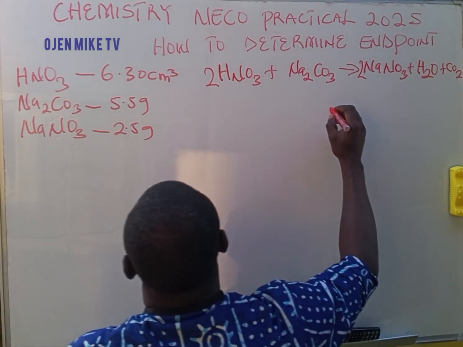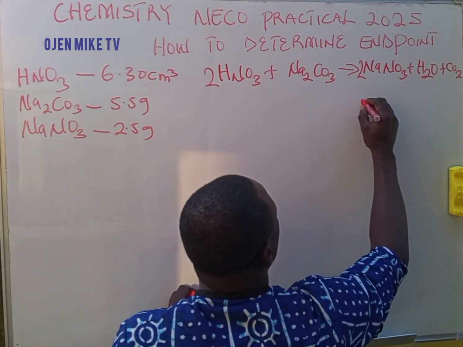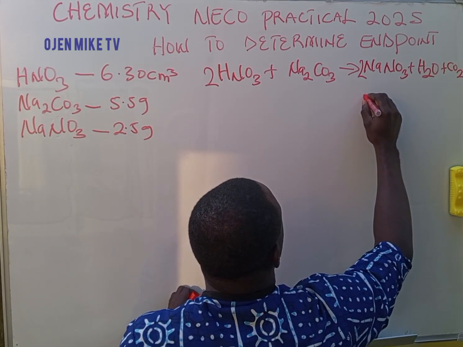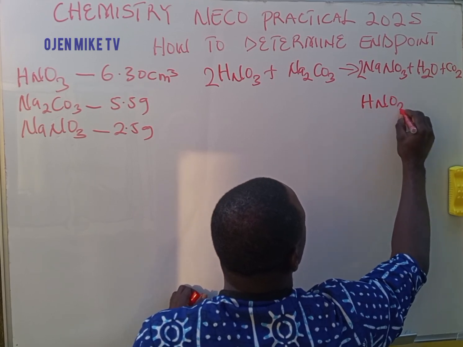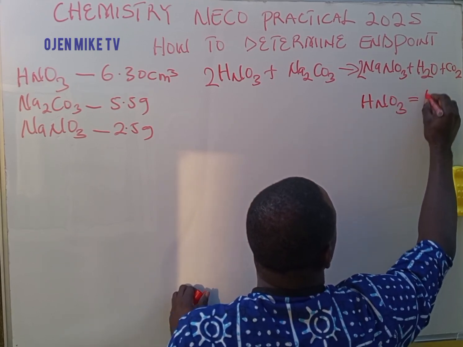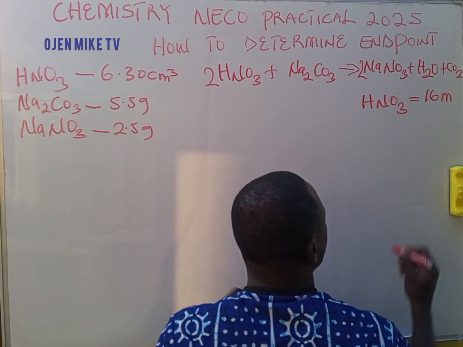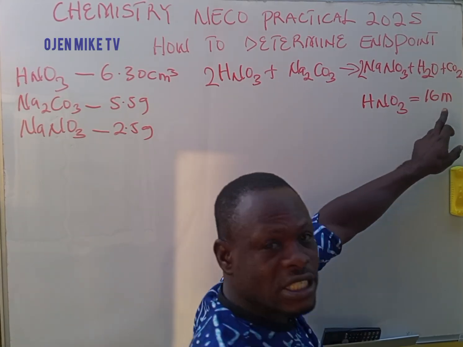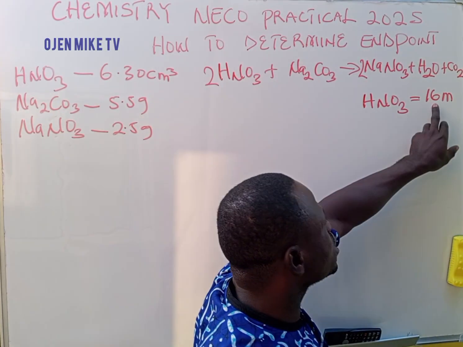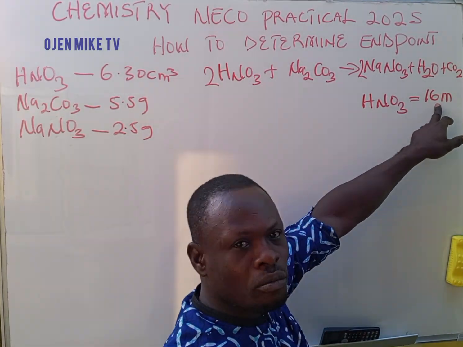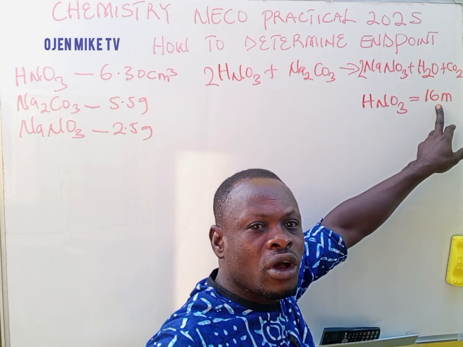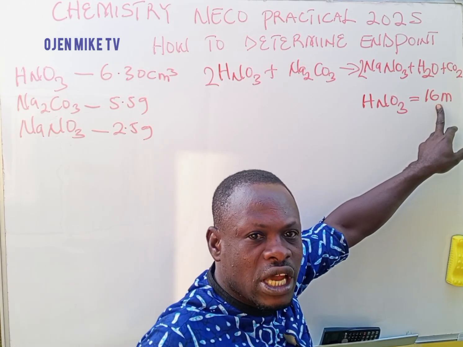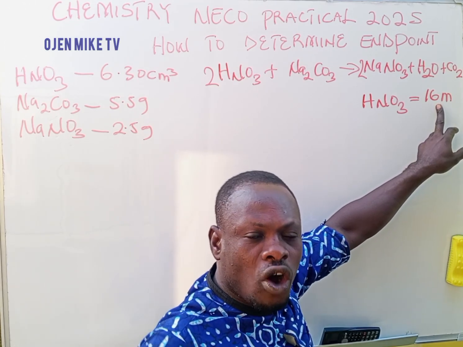Remember, the molarity of HNO3 is equal to 16 moles. This 16 mole is derived from the percentage purity and the density of the acid.